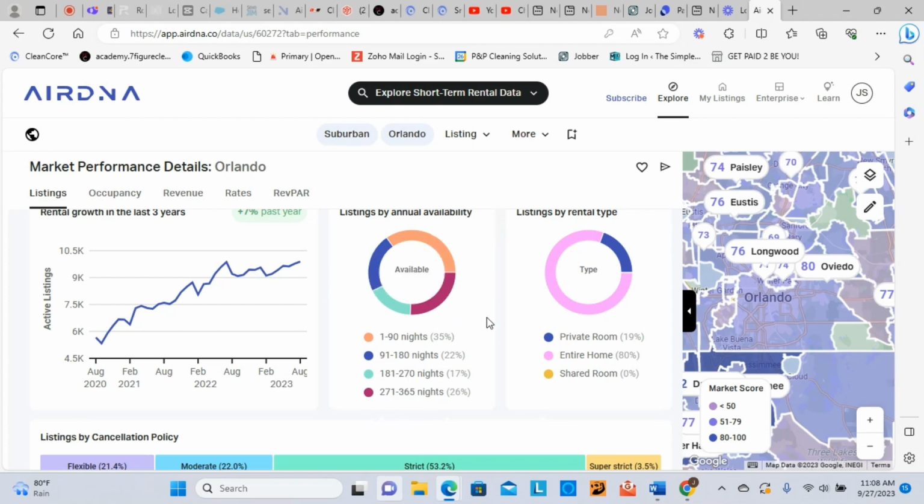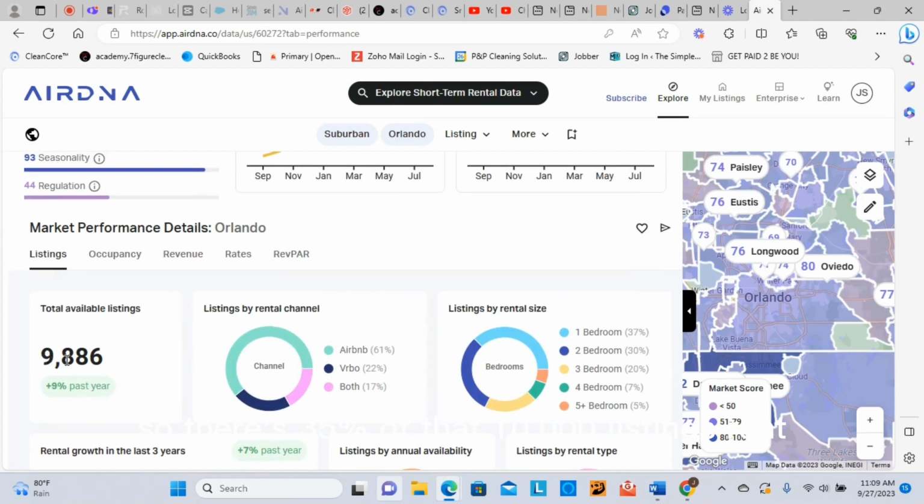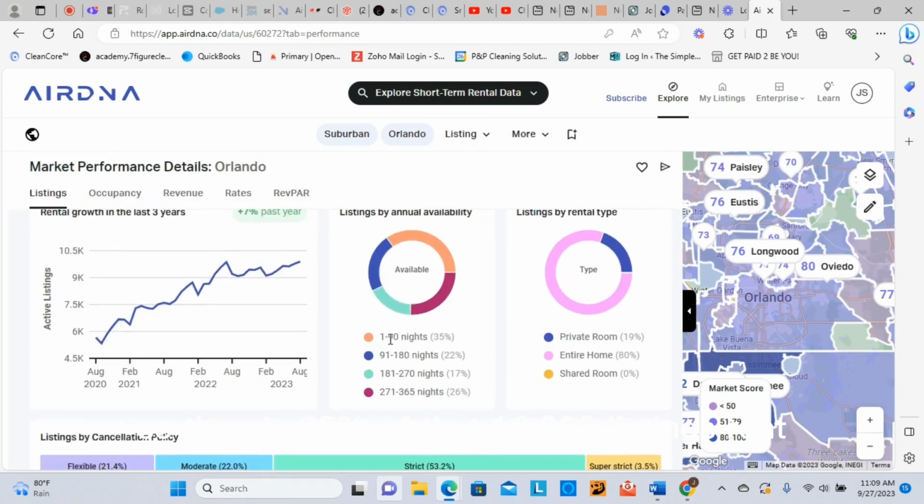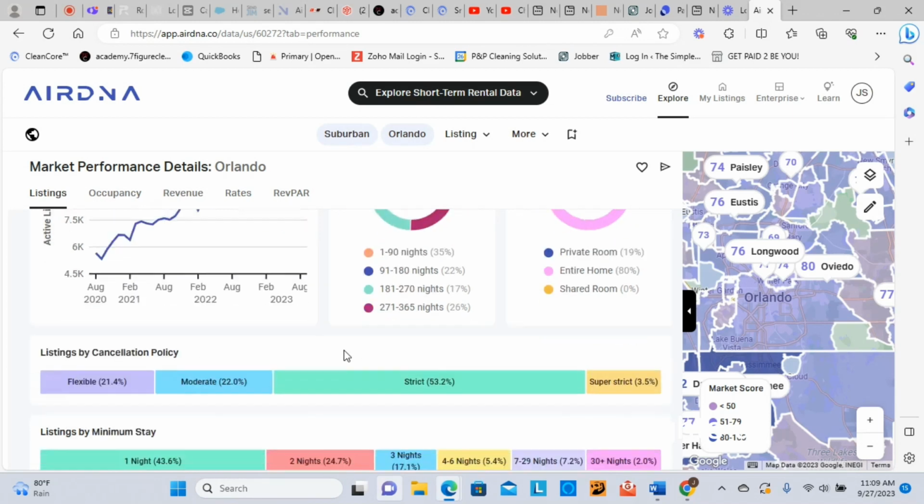Then here, people stay from 1 to 90 nights, or above that. The market is pretty even, but the most is 1 through 90. So at least 35% of that 10,000 listings rent between 1 and 90 nights.